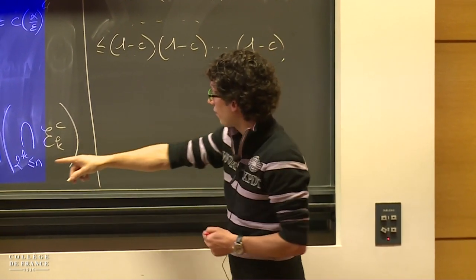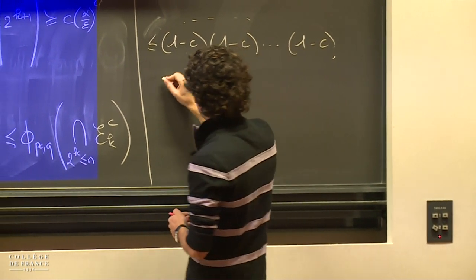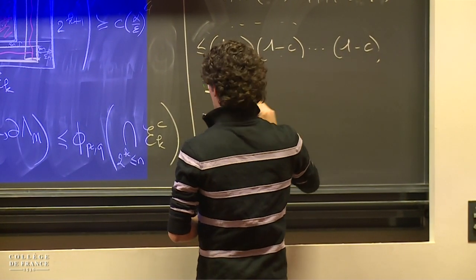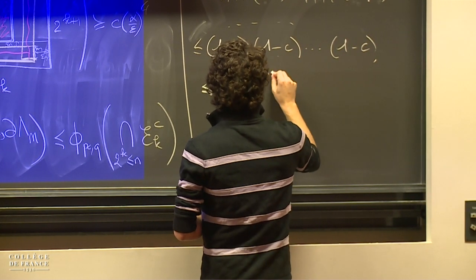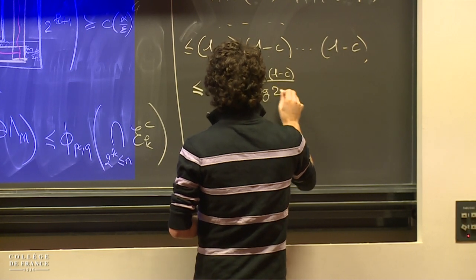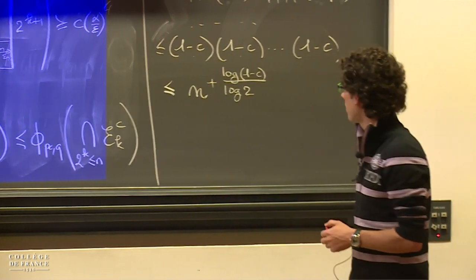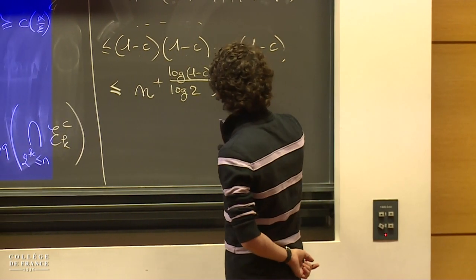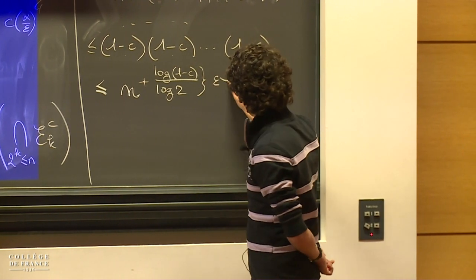And so since I have roughly log n annuli, I'm going to get something like n to the minus log(1 minus c) over log 2. So this is going to be my epsilon. Okay?